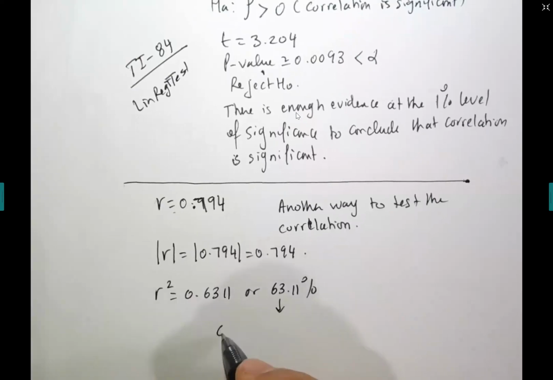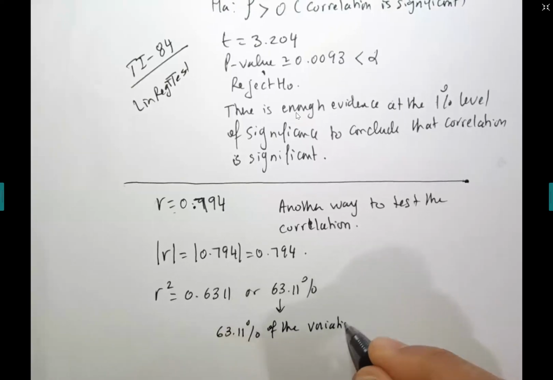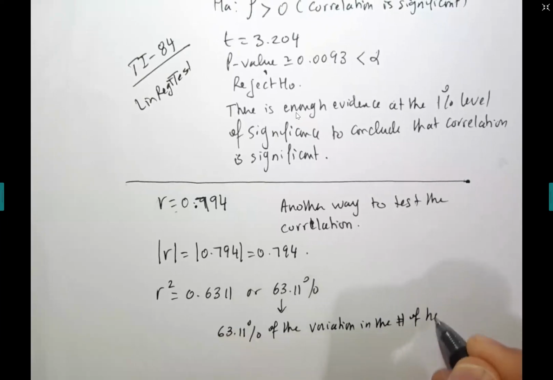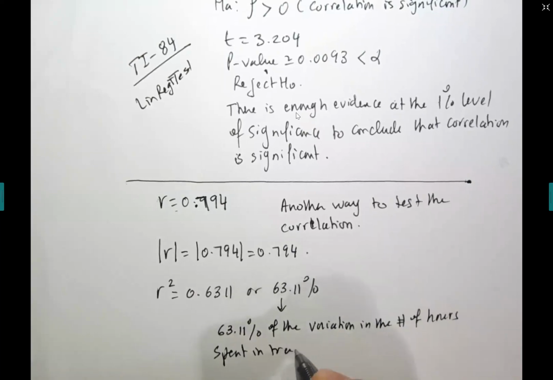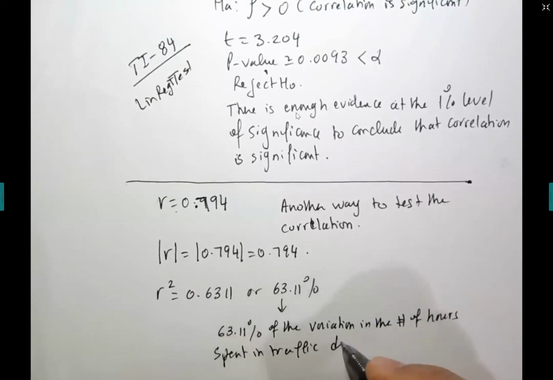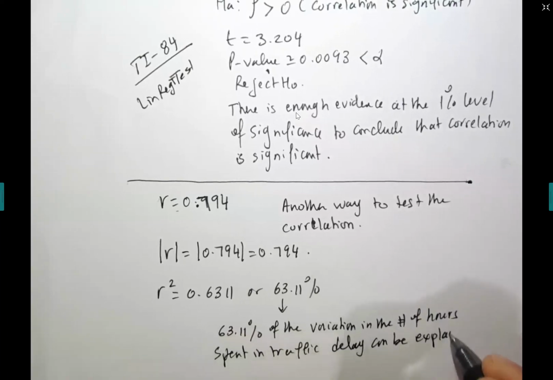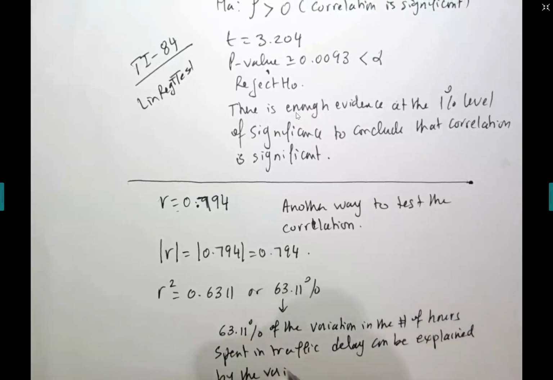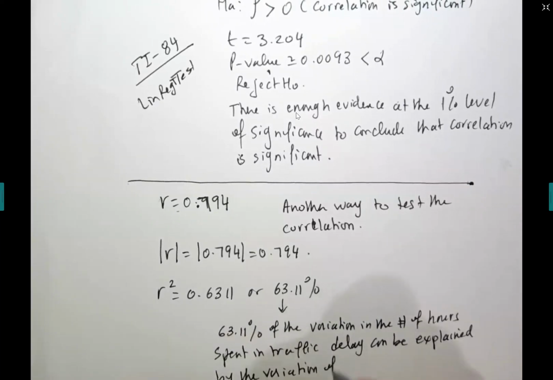You say 63.11% of the variation in the number of hours spent in traffic delay can be explained by the variation, oh, what's X and Y?